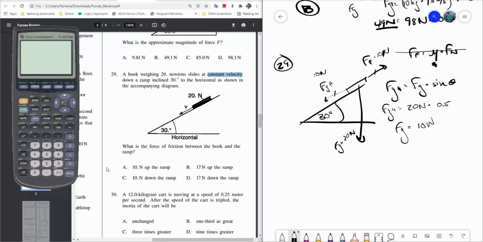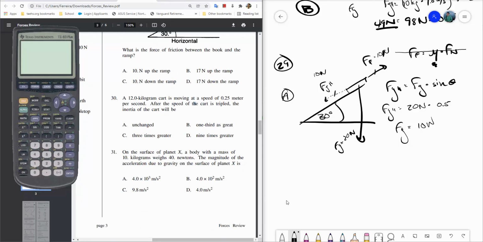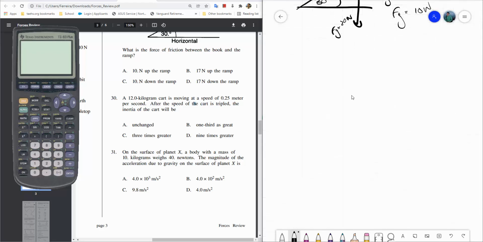Your answer is 10 newtons up the ramp. A. Now normally you'd want to use mu and the normal force, but you don't have to. If you make your free body diagram, you can analyze what's going on and arrive at the answer.